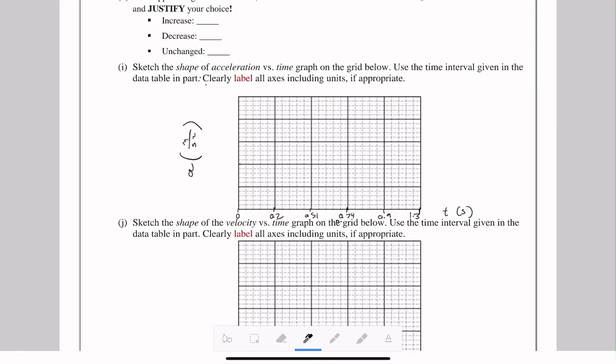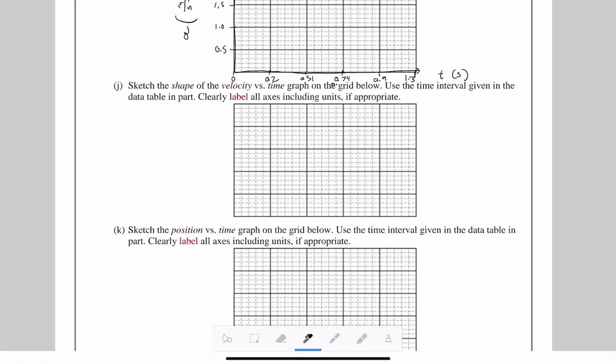So we know the entire time that acceleration is just 1.8. And the easiest way I can chunk this up is by 0.5s on the y-axis. And then the acceleration is 1.8, so it would fall somewhere right here. And that's our graph, our acceleration versus time graph.